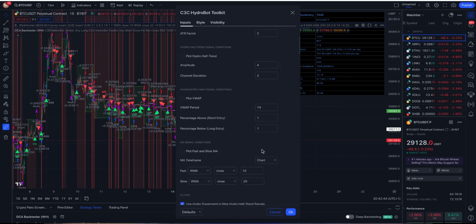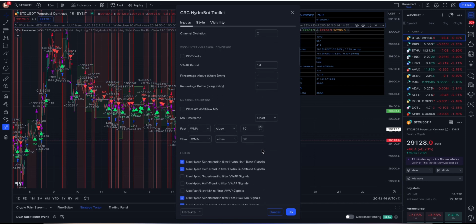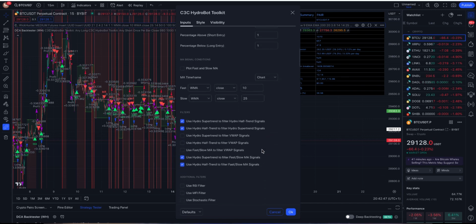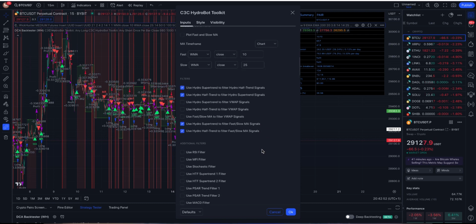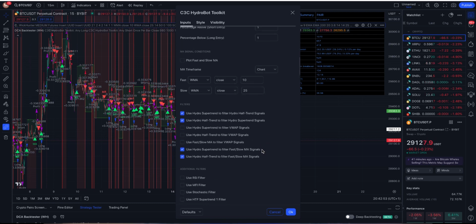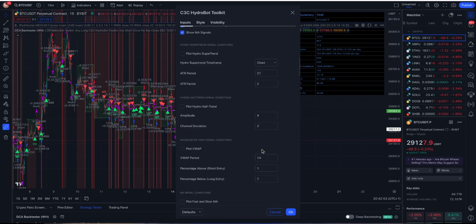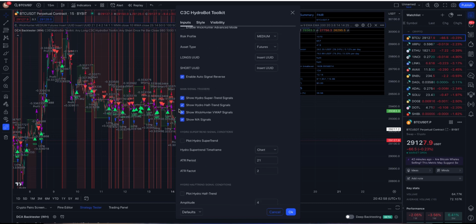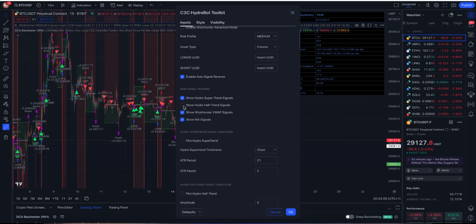So what we can do is we can try and turn some of these off. It's all about just having a play around with it and getting the settings to where you want.